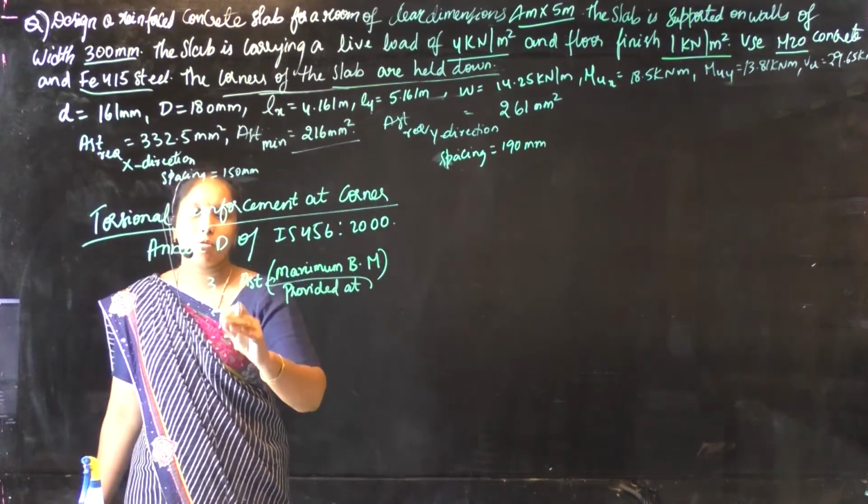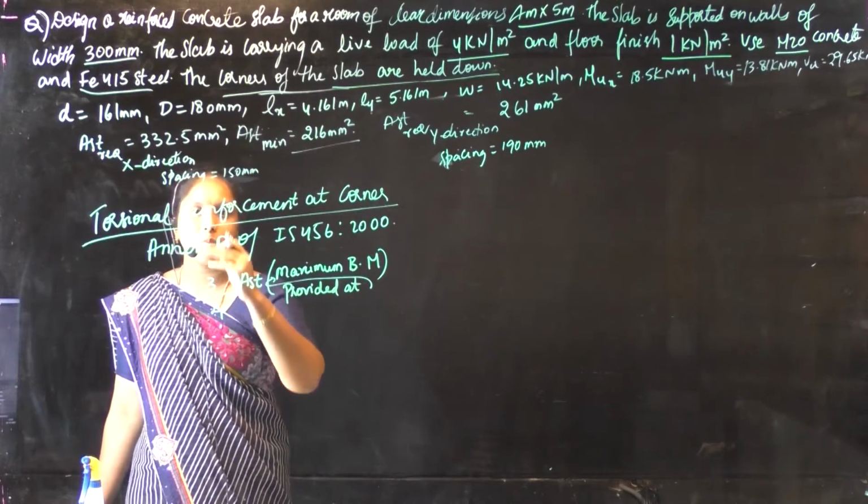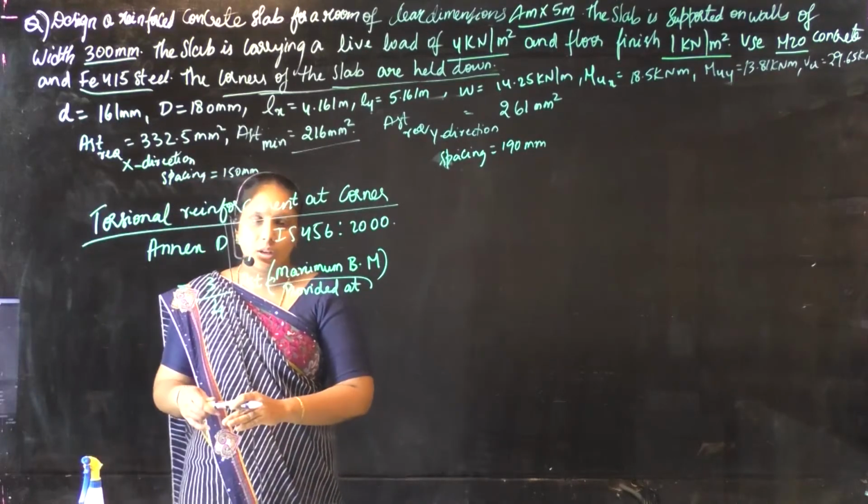In that, the 3/4 reinforcement has to be provided as a torsional reinforcement.